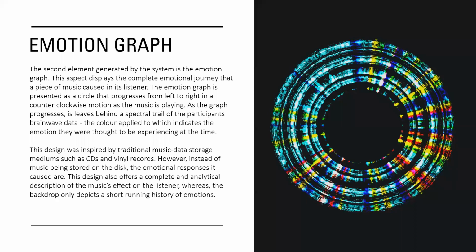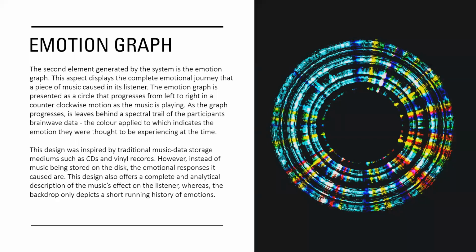The emotion graph is presented as a circle that progresses left to right in a counterclockwise motion as the music is playing. As the graph progresses, it leaves behind a spectral trail of the participant's brainwave data, the color of which is the emotion experienced at that time.